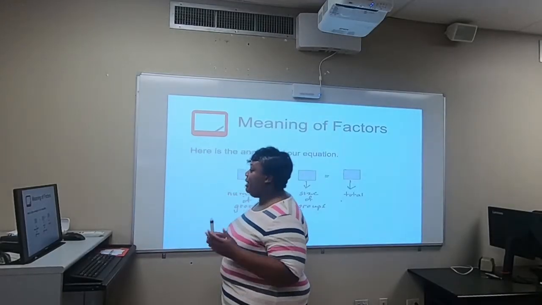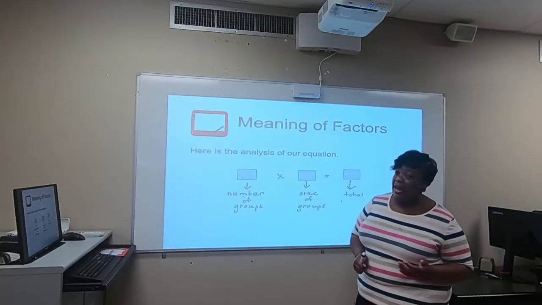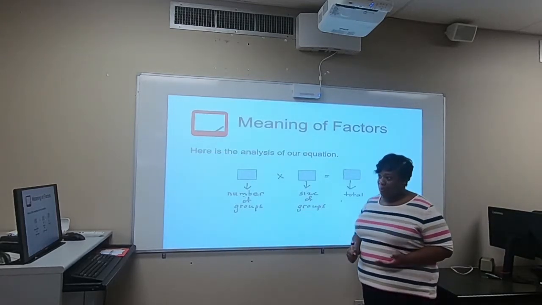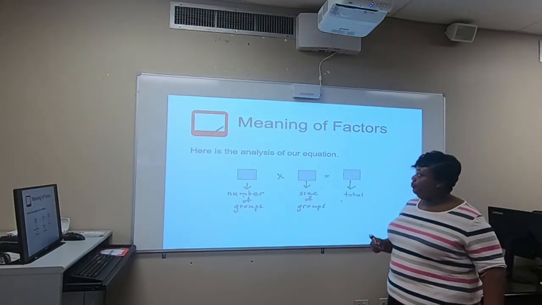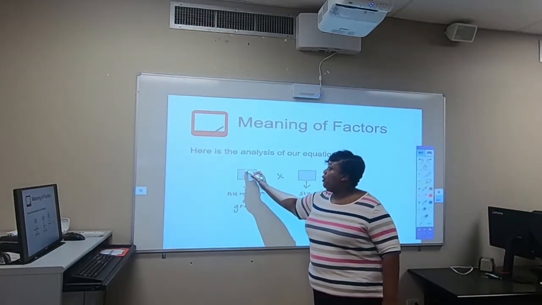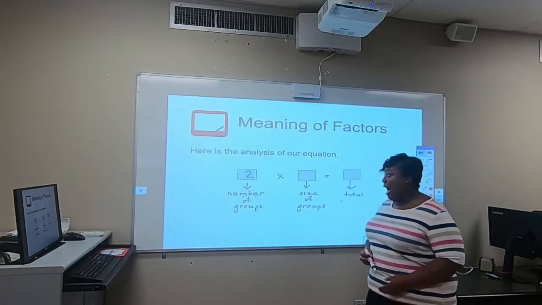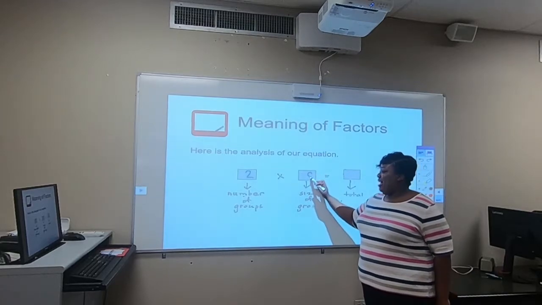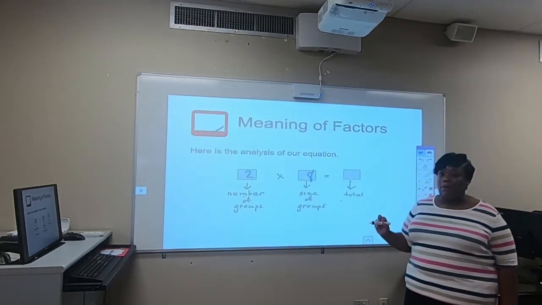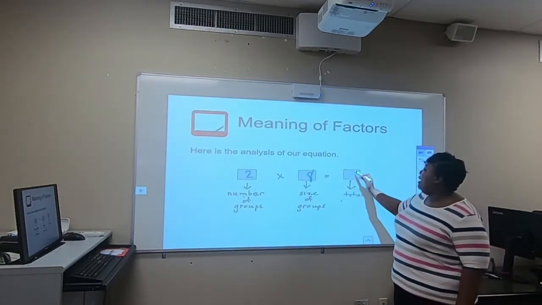Now, here's an analysis of our equation, okay? So let's remember, what was the number of groups? It was 2. The size of the group was what, guys? 8. And our last number was what? 16.